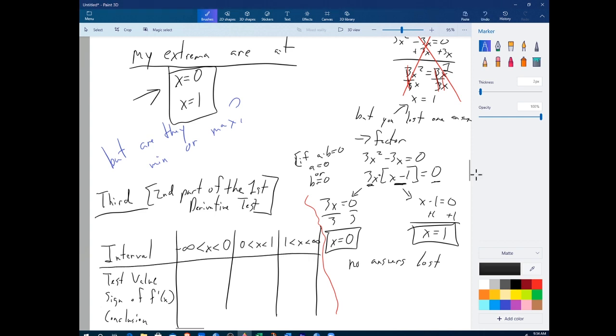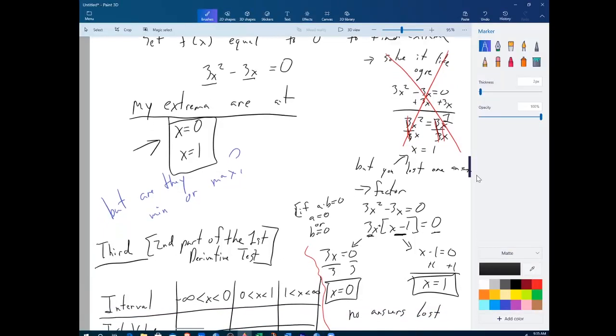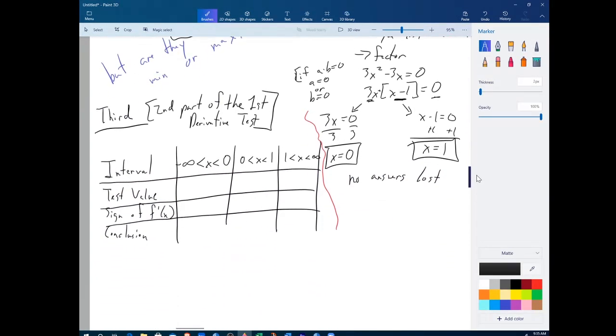And this is the table that I'm going to use to do my analyzing. And I'll scroll in a second. I just wanted to remind myself, 3x squared minus 3x.